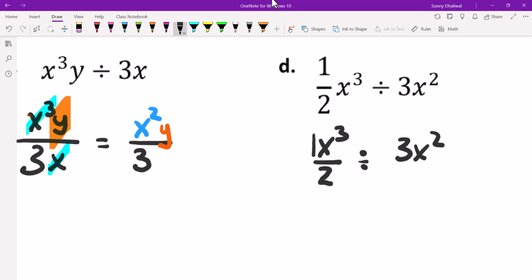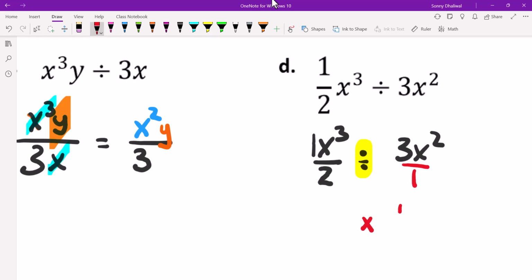Now, remember when we divide, what do we do? We never divide fractions. What do we do? Gavin? We don't subtract fractions. Kyan? Yeah, we do the reciprocal. We turn this into a multiplication.